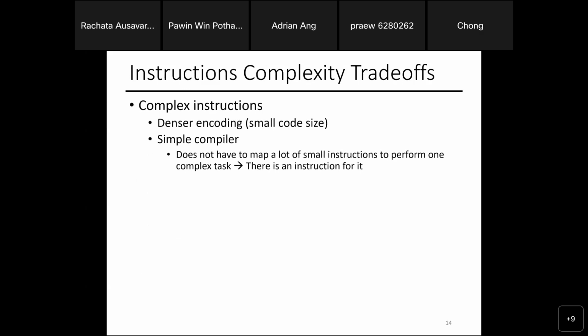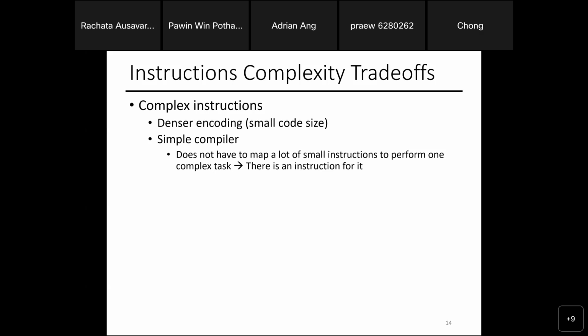Now, what is the benefit of complex instruction? Well, you can have small code size, right? For example, if you have to initialize your array to 0 and you have the instruction just for that, you can use one instruction, everything becomes 0.